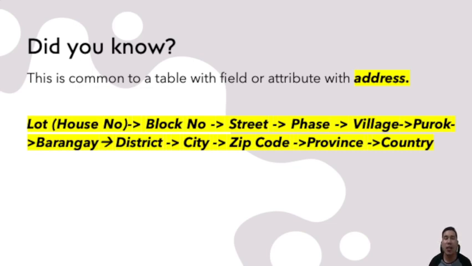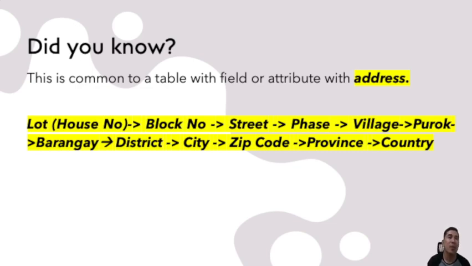A country has many provinces assigned to it, and each province has zip codes, and every zip code has different cities, and districts belong to a city, and in every district there are barangays, and every barangay has puroks assigned to it. The same with the village, and every phase has street number, block number, and lot number.